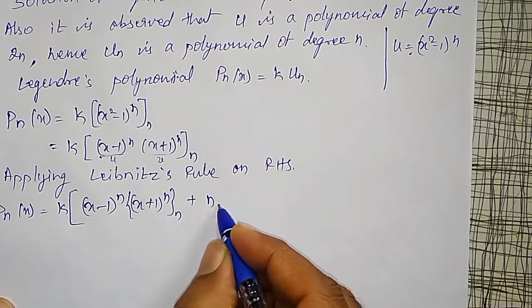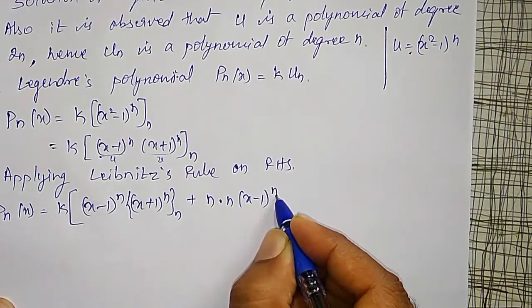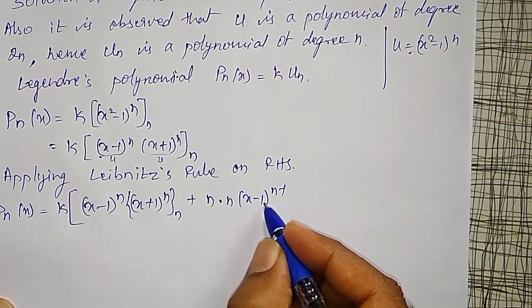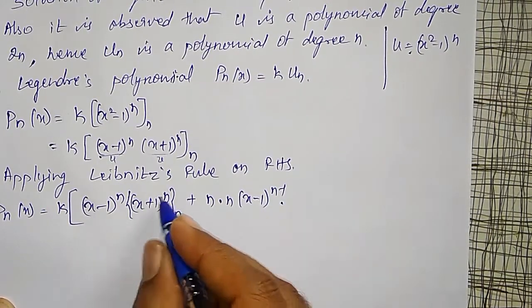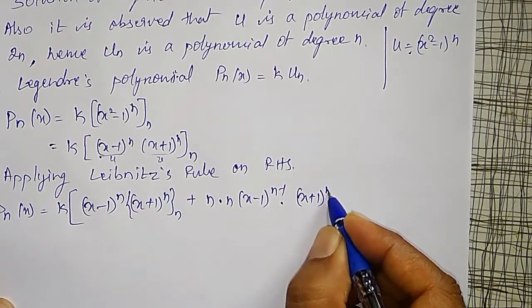Its first derivative is n into (x minus 1) raised to n minus 1, since the differential of x minus 1 is 1, into the n minus 1 derivative of (x plus 1) raised to n.